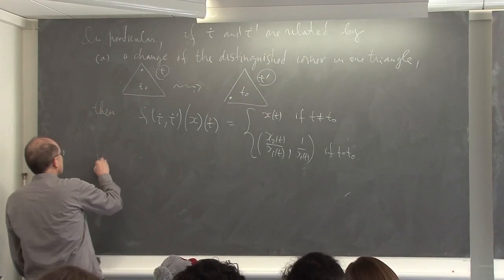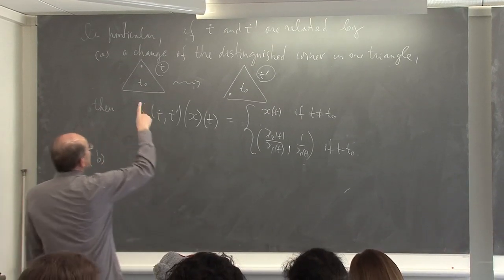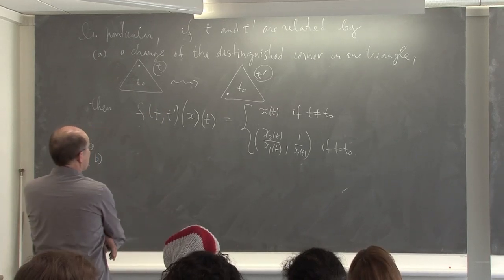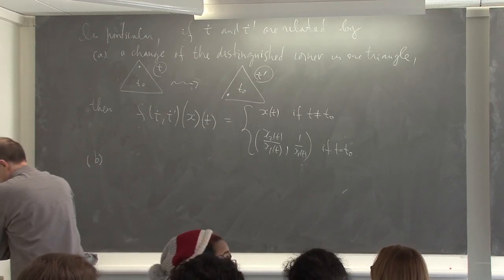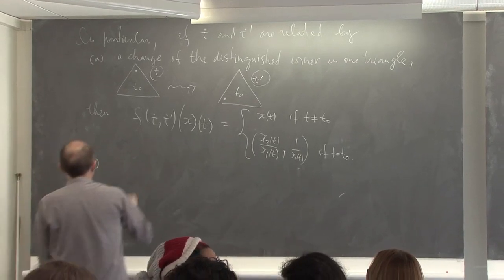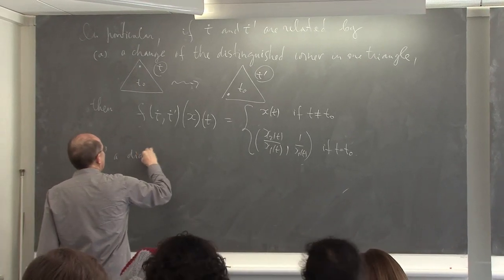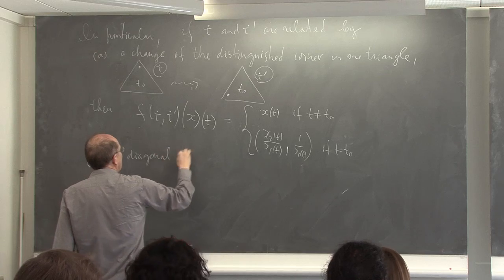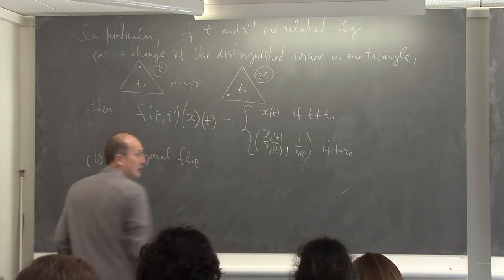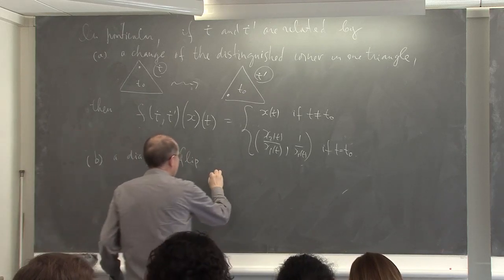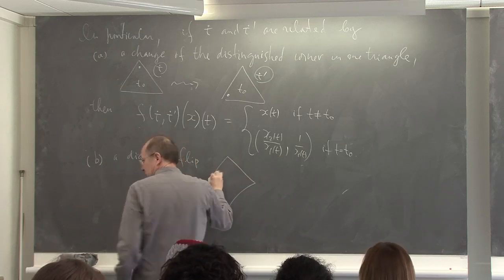And then case B: if tau dot and tau dot prime are related by a diagonal flip, and this time we describe the flip explicitly as follows.